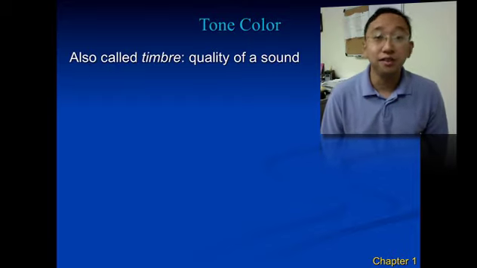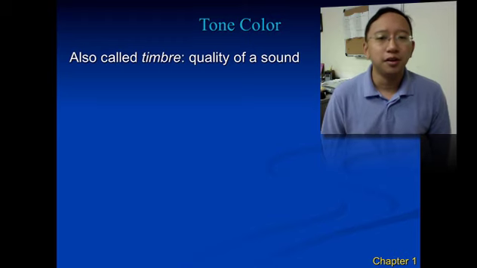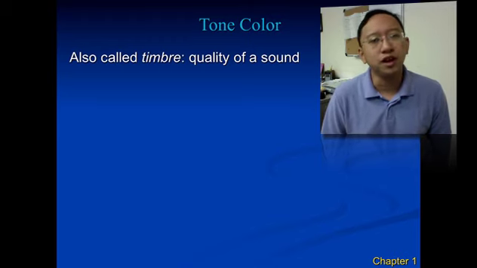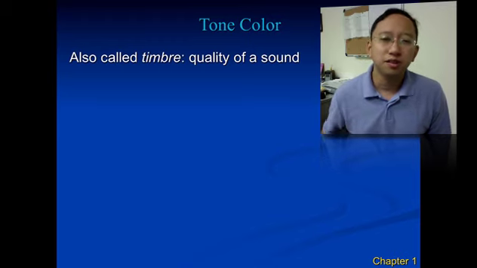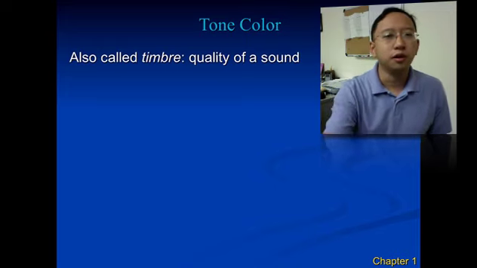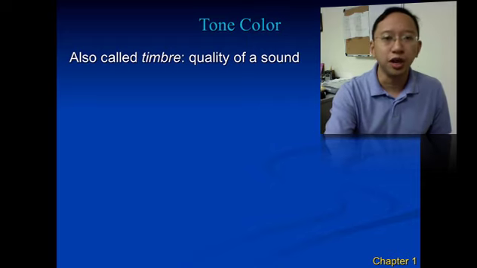Timbre, not timber, but timbre. The timbre is the quality of the sound. A tone could have the same pitch and the same dynamic, but there might be something about the physical makeup of the tone that makes it stand out from another tone that has the exact same pitch or dynamics.